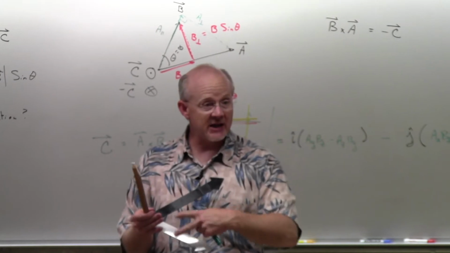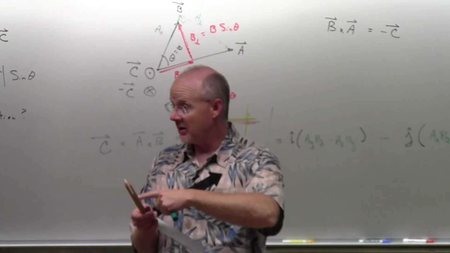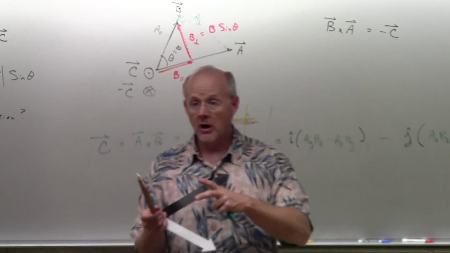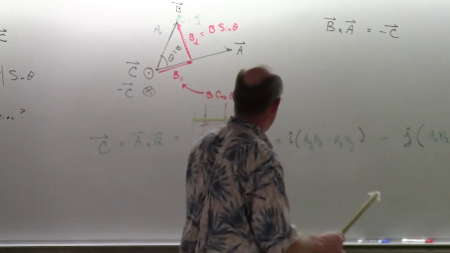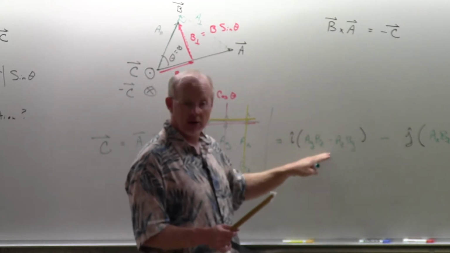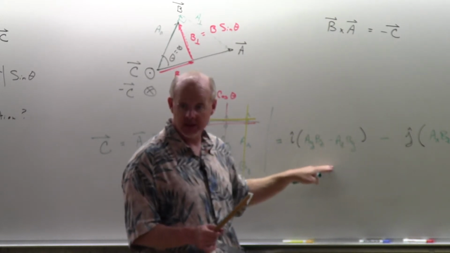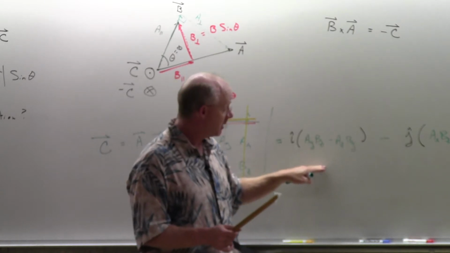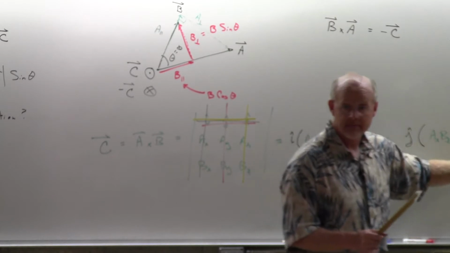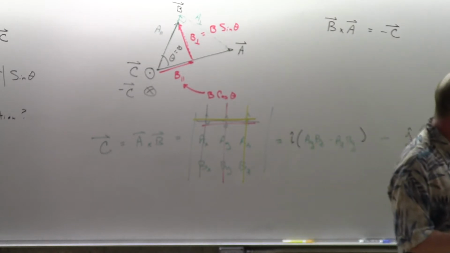And so if these are in the xy plane, this is going to be in the z-axis, right? And so never would an x component come with x pieces in it. They would have the other pieces in it. Same thing here. Notice the y component has no y's in it. And notice the k component has no z's in it.